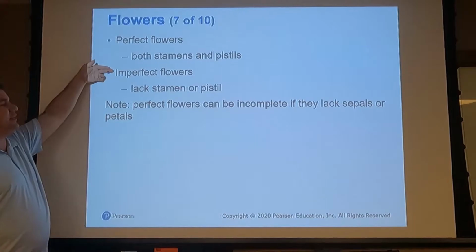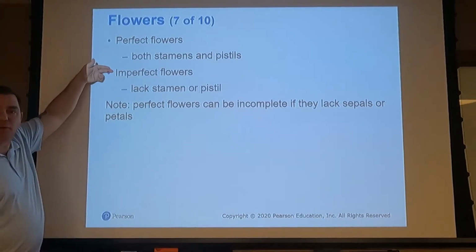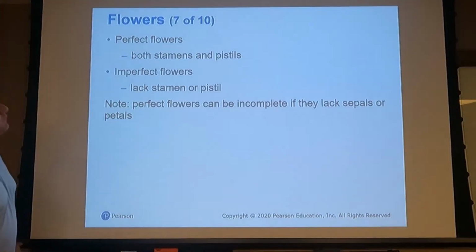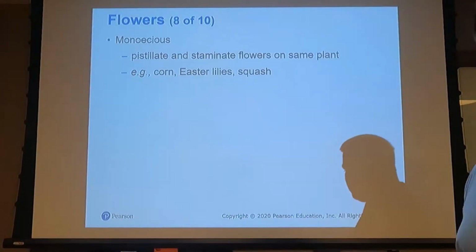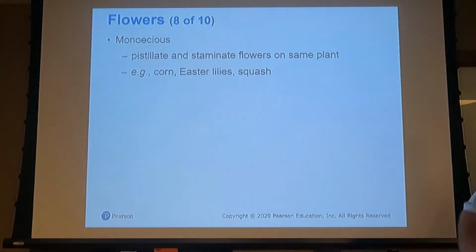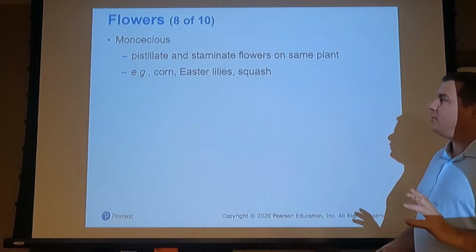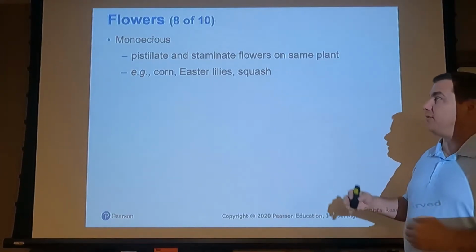And if it's an imperfect flower, then it's already incomplete because it doesn't have all the other 4. Then within that we have 2 different types of flowers.